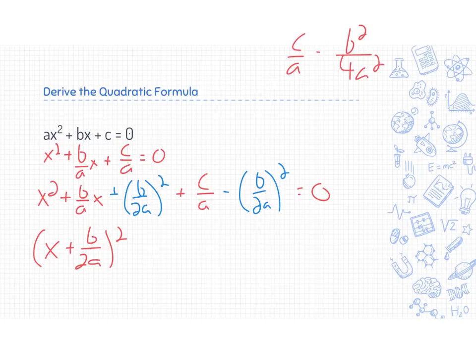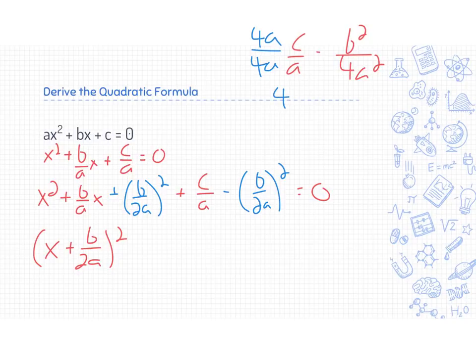which now I want to combine. In order to combine, I need like terms, or a common denominator. So I have 4a squared here and a, which means I need to multiply this by 4a, which then means I need to multiply the top by 4a.